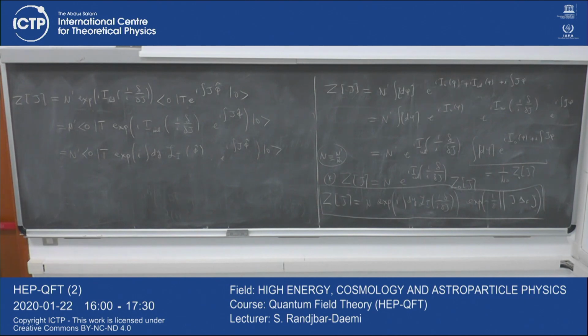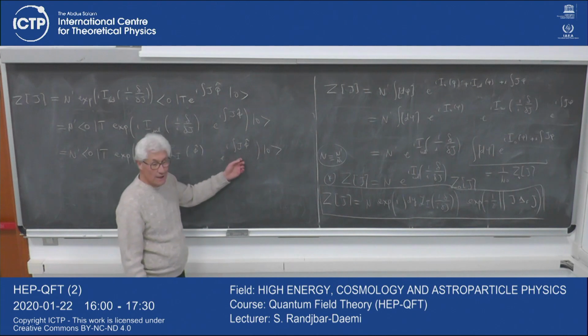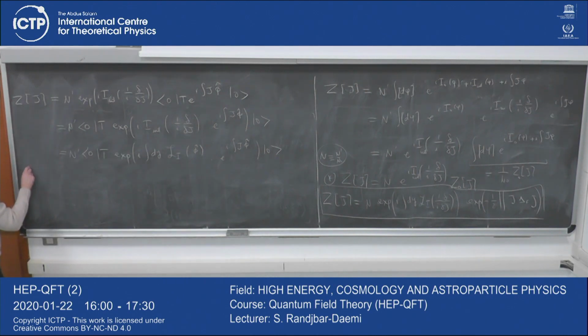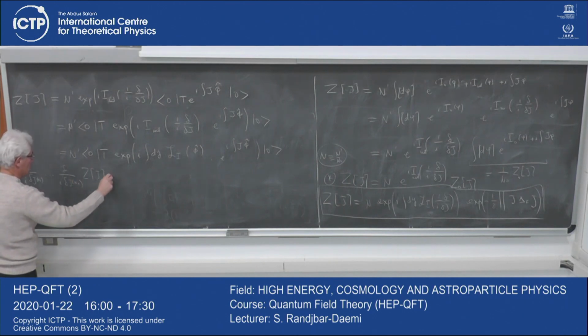Expand in powers of j both sides, or differentiate with respect to j n times to see what we get. So take this and act on it with d by dj x1, i d by dj xn, Z of j.